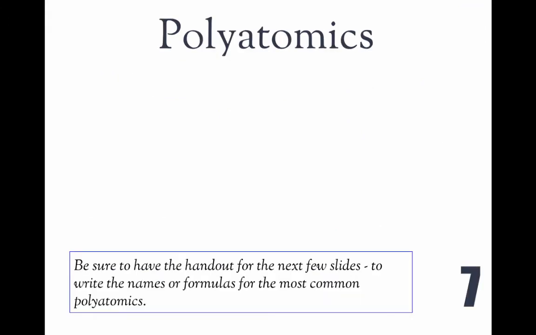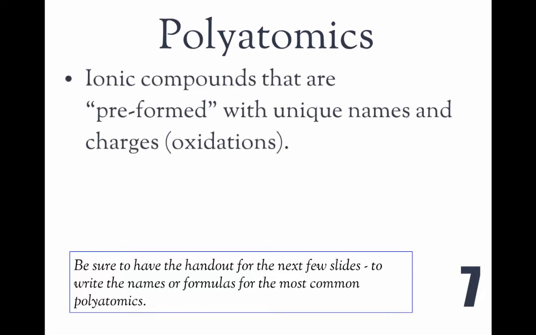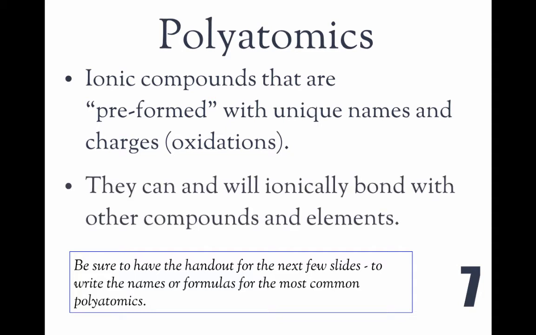Okay, the next few slides you're going to want to have that handout that I'm giving you, the fill in the blank on polyatomics. Polyatomics are already ionic preformed compounds, and they have unique names given to them that you will use, and their own unique oxidations or charges. They can and will ionically bond with other compounds and elements.